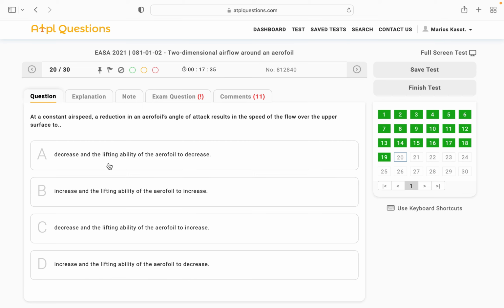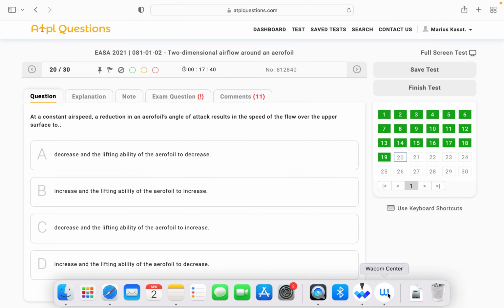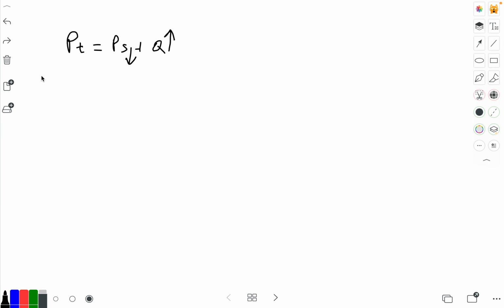So when we increase the angle of attack, we know that air here has to travel faster to keep up in pace with these streamlines.